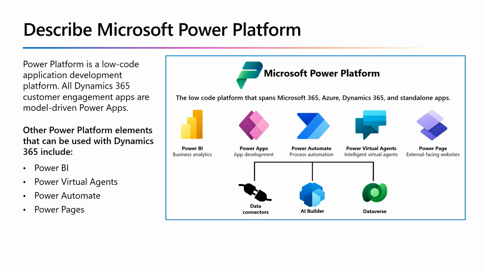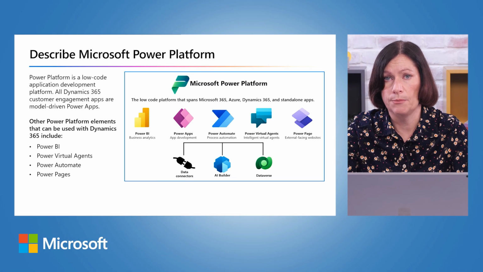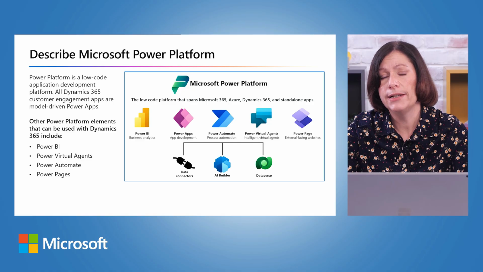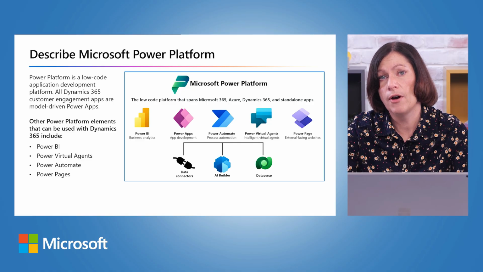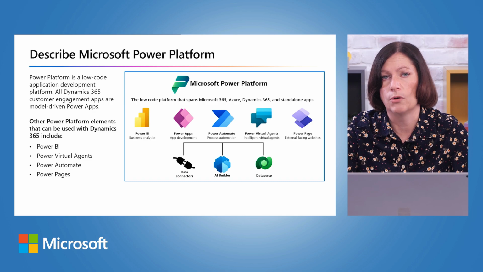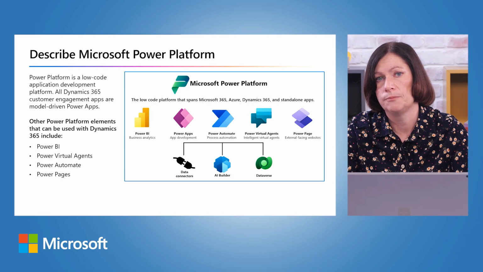Others include Power BI. The business analytics capabilities provided by Power BI are often leveraged to connect to Dynamics 365 applications and provide important insight into an organization. These visualizations can then be leveraged inside of Dynamics 365 apps, such as Dynamics 365 Sales or Customer Service.